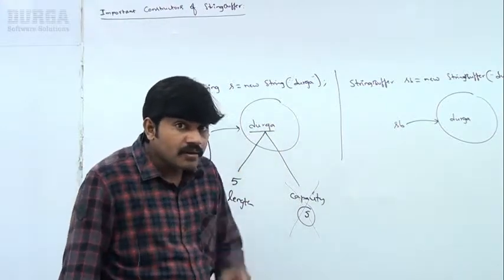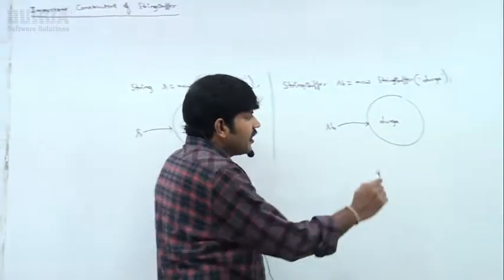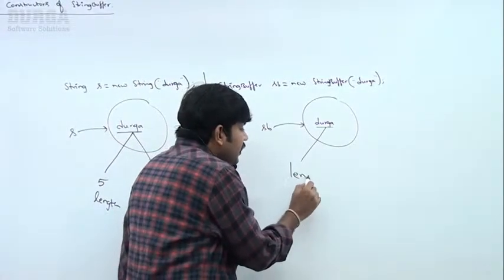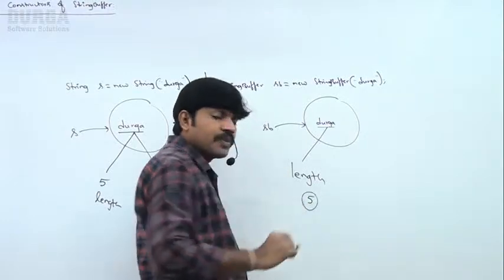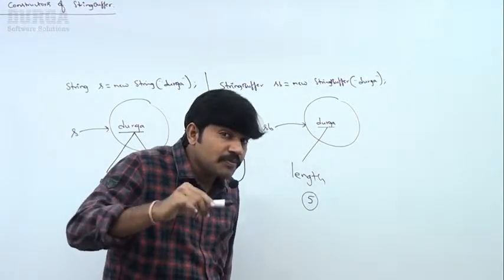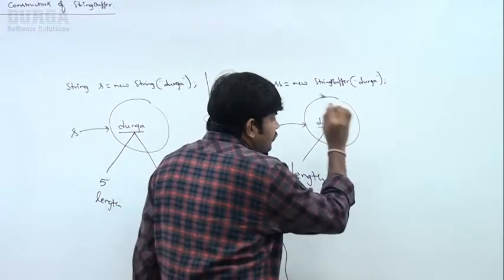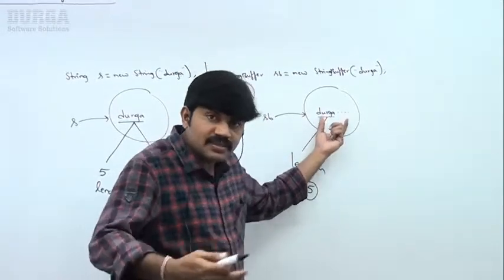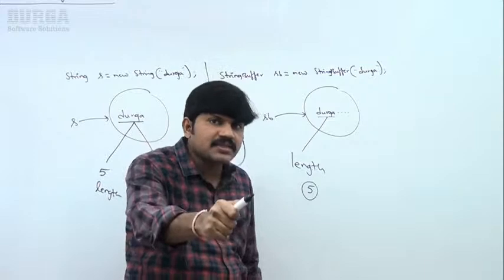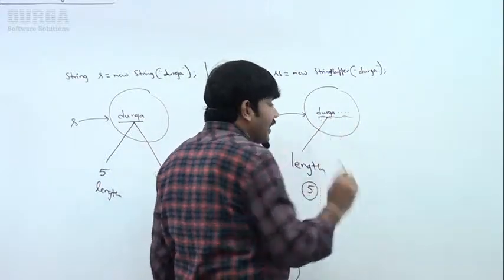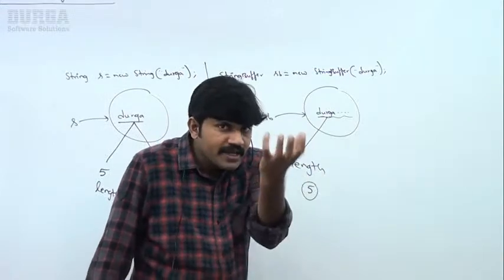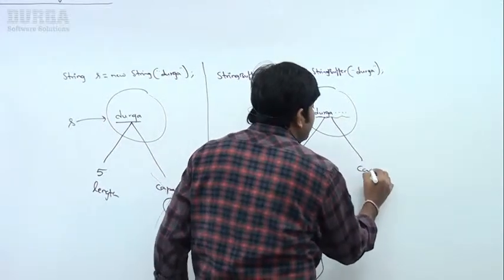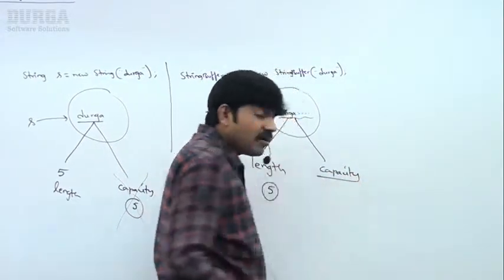But for StringBuffer, there is a small difference. What is the length? How many characters are there? Length is 5. Is it possible to add some more characters? Yes, in the case of StringBuffer you can add to the existing object itself. The maximum number of characters it can accommodate is called capacity.